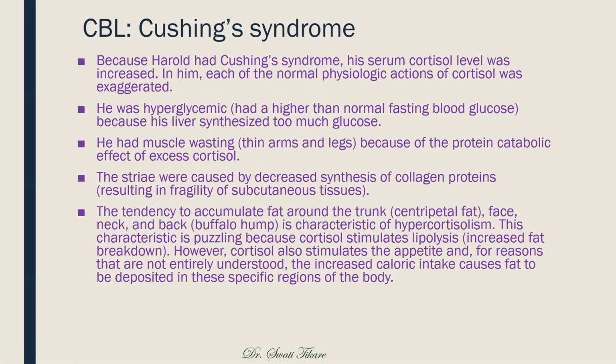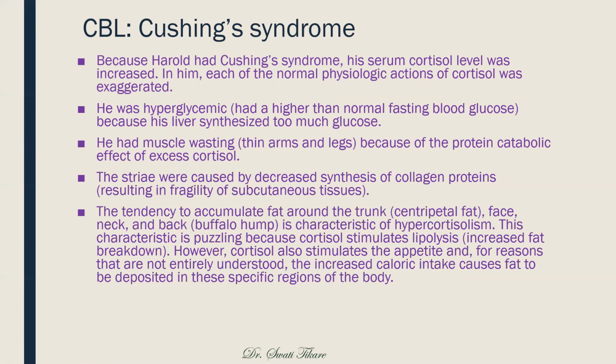The tendency to accumulate fat around the trunk, centripetal fat, face, neck, and back is characteristic of hypercortisolism. This is puzzling, as I said, because cortisol stimulates lipolysis, increased fat breakdown, but however, cortisol also stimulates the appetite. So there is more food intake, whereas lipids are broken down.